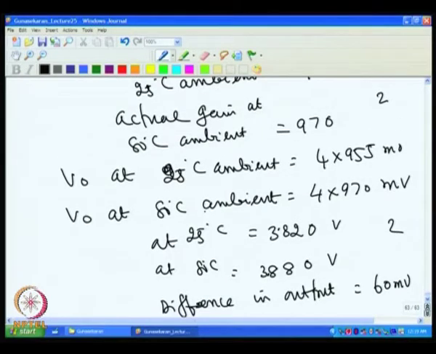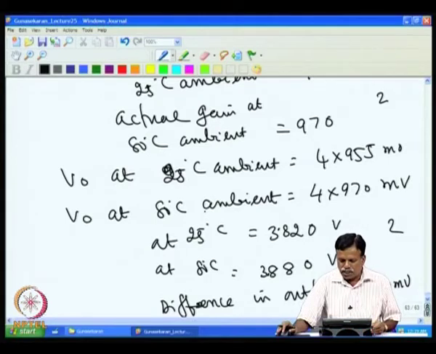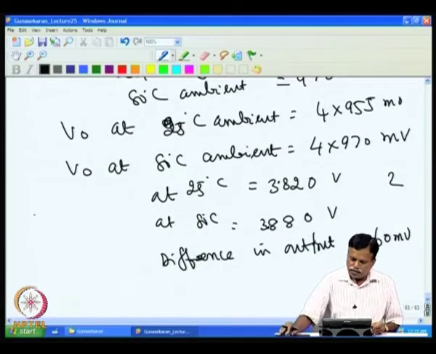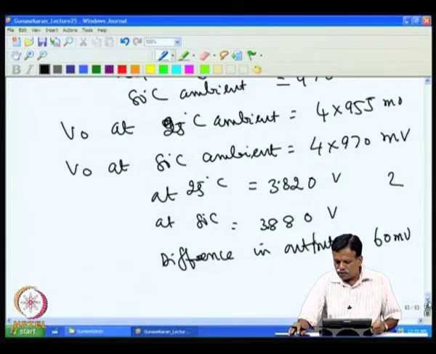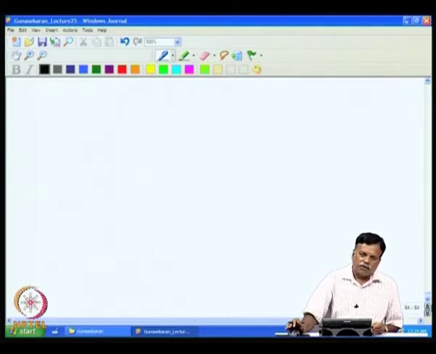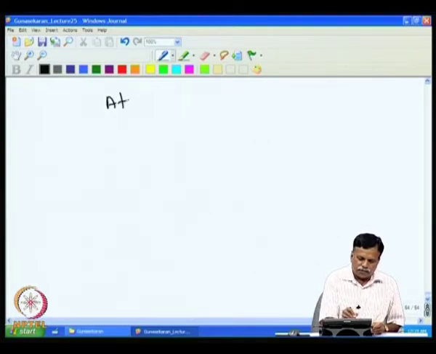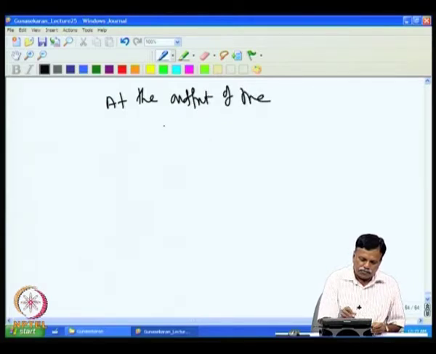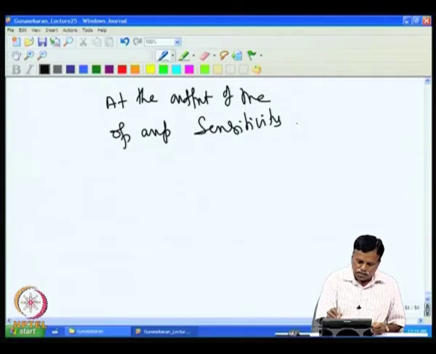But at the output we know 4 millivolt is 1 degree C, because we have 1000 gain, at the input 40 microvolt is 1 degree C, at the output of the op amp 4 millivolt is 1 degree C. So, at the output of the op amp, sensitivity is equal to 40 into 1000 microvolt, because 1000 is the gain.